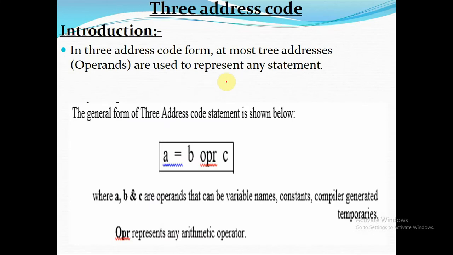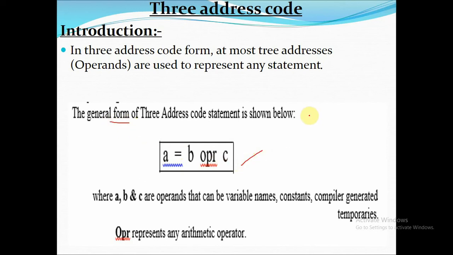In 3 address code form, each statement can have a maximum of 3 addresses. Addresses means operands or variable names, constants, or any temporary variables. The general format of a 3 address code statement is shown below.